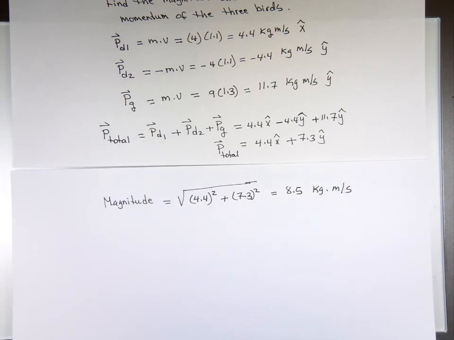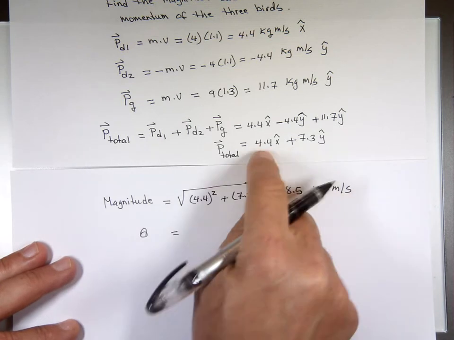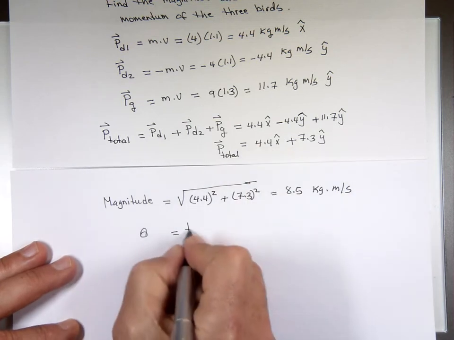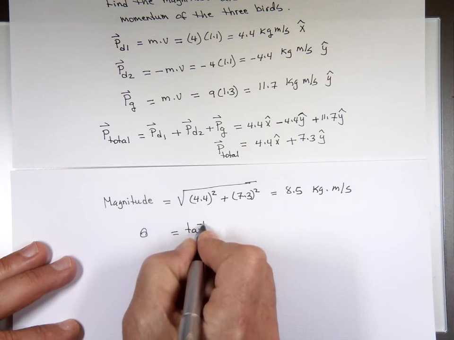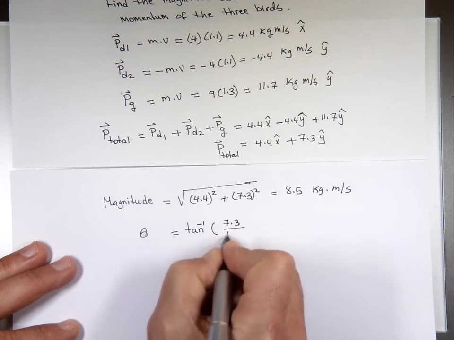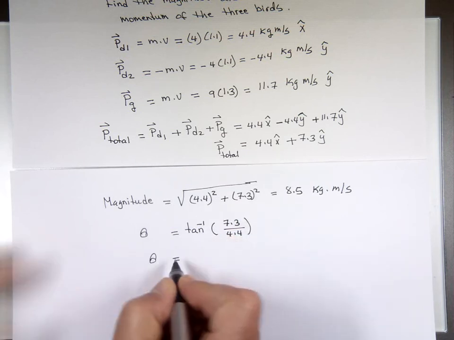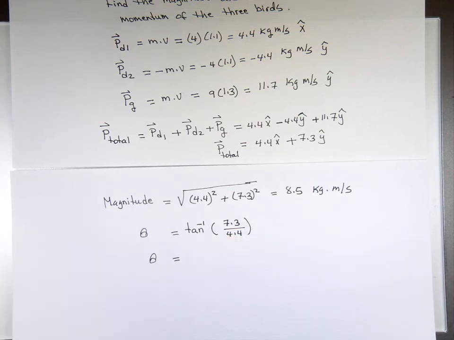Theta, notice you're in the first quadrant. There is no adding 180. It's the inverse tangent of the y value, which is 7.3, divided by the x value: the inverse tangent of 7.3 divided by 4.4. 59 degrees.